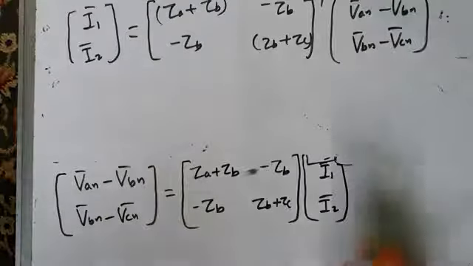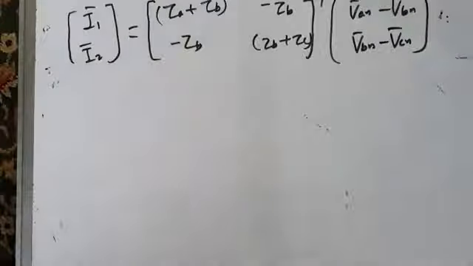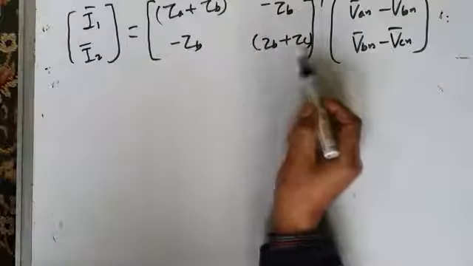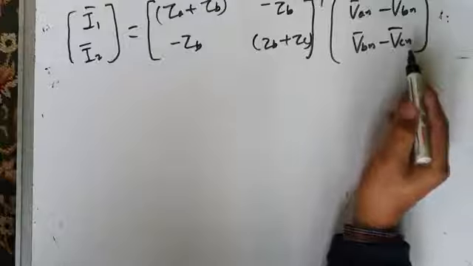Okay, so therefore my current matrix is given by this inverse of impedance matrix multiplied by this voltage matrix.